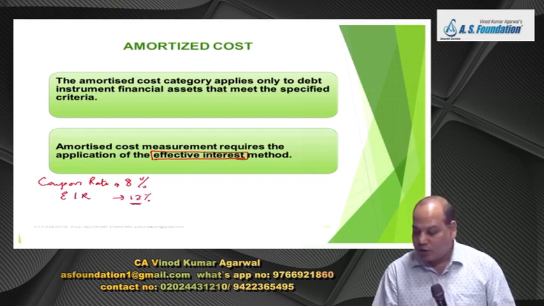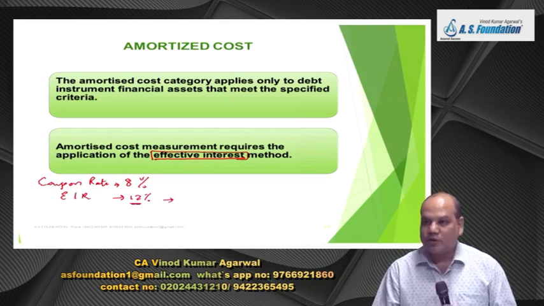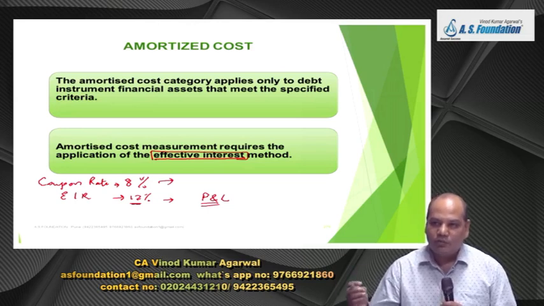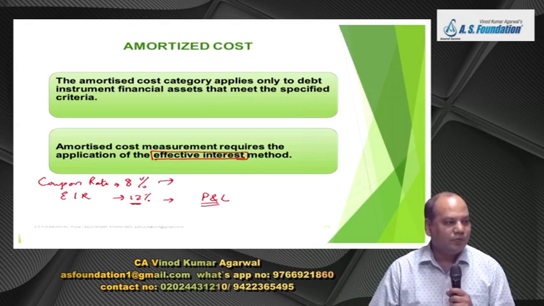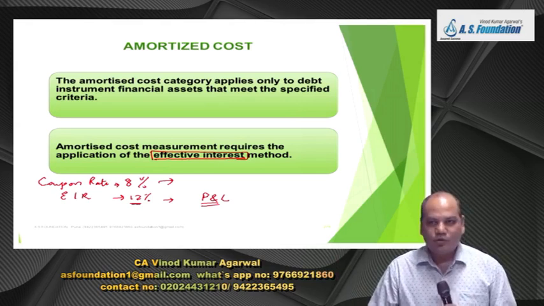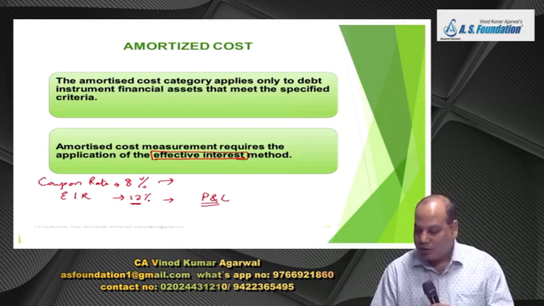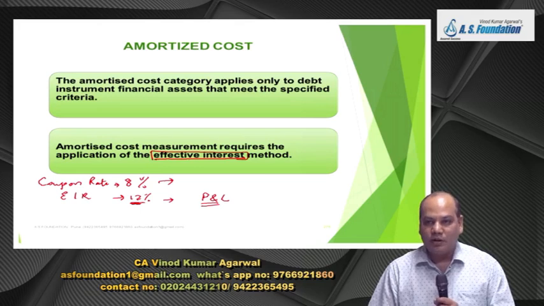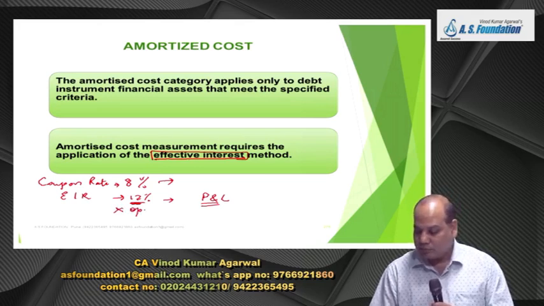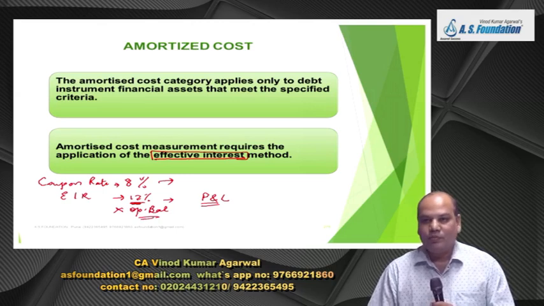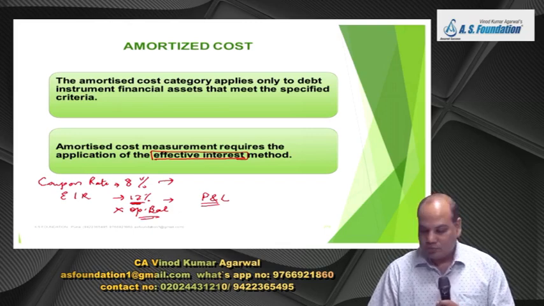So I have to recognize income at the rate of 12% in the profit and loss, and whatever I receive will be treated as inflow received, and will be reduced from the carrying amount of investment. So cash flow received is like payment towards my investment, but my income will be effective interest rate multiplied by the opening balance. So this gives me the effective interest earned on this instrument. Okay.